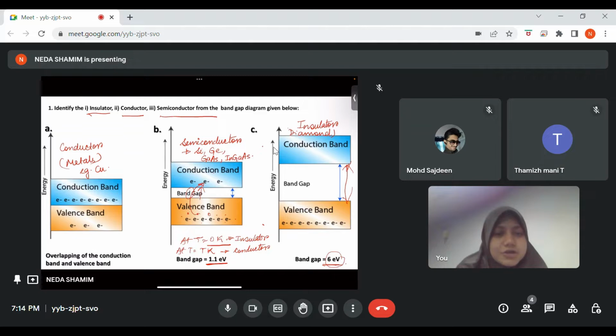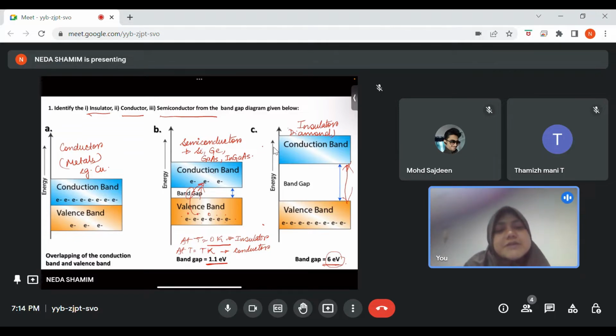So this is the whole idea of segregating our materials into conductor, insulator, and semiconductor, and that is done based upon the availability of free carriers and the band gap between the conduction band and valence band.